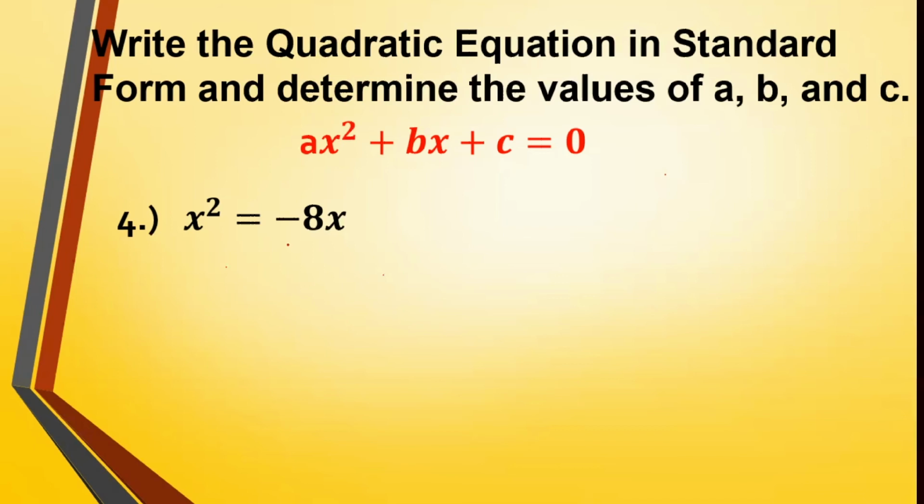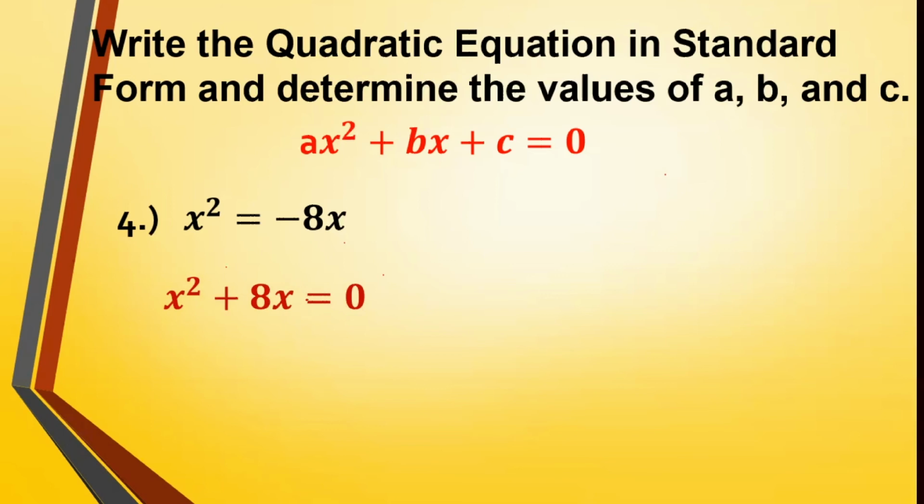Pag i-transpose natin yung -8x, ano po mangyari? Yung negative 8x po, magiging second term po. And then, ano mangyari sa sign? Copy po, positive. Yan, very good. So magiging x squared plus 8x equals 0.